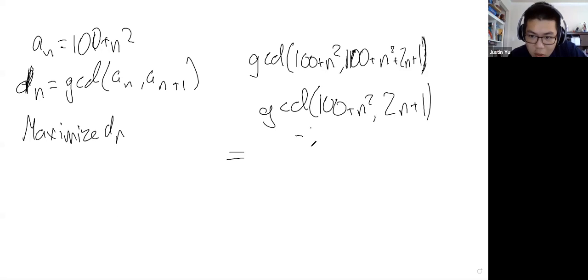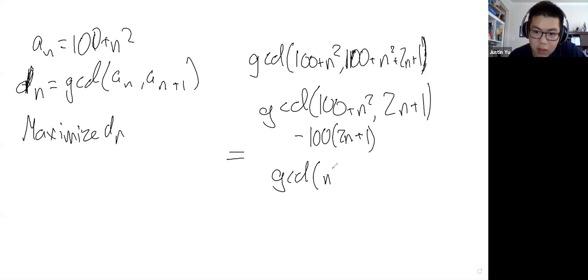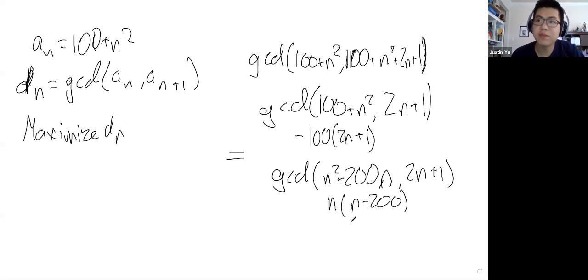So we're going to subtract this 100 times. So now we're at this step, 200n. And this is n times n minus 200, of course. So now n and 2n plus 1 are not going to have any common factors. You can check this by performing the Euclidean algorithm on these two. That's a great exercise, just to get practice with it. So because of that, we actually don't need to worry about this.